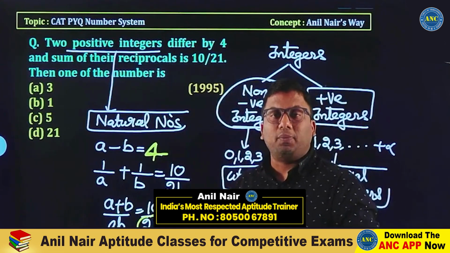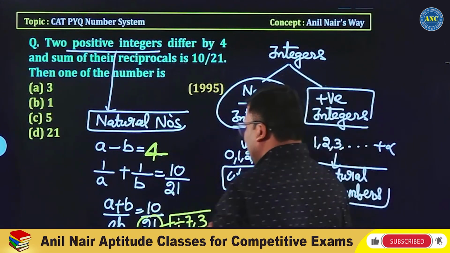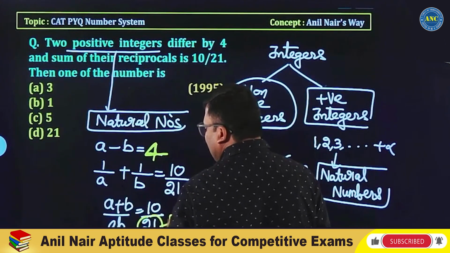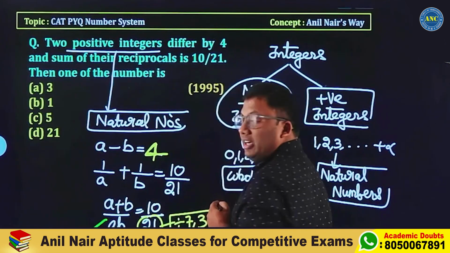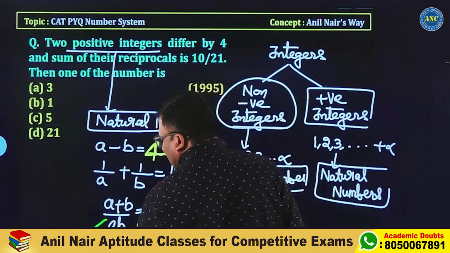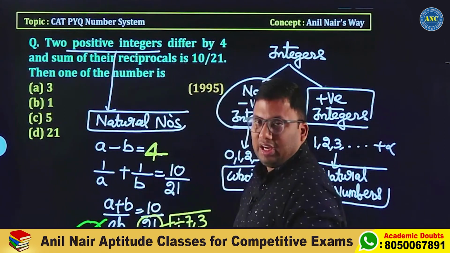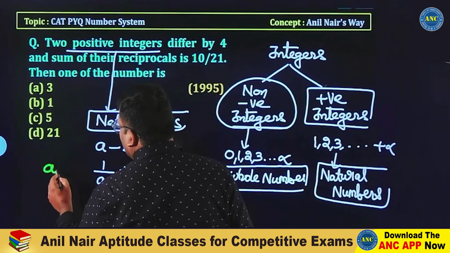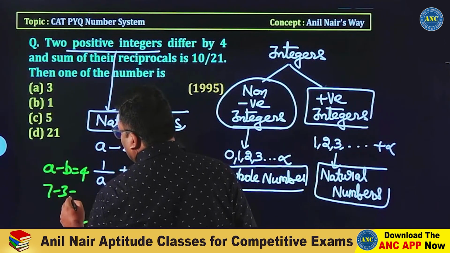Right hand side denominator has 7, so left hand side also 7 should be there. Right hand side denominator has 3, so left hand side also 3 should be there. So A is 7, B is 3. A minus B is 4, so 7 minus 3 is 4.